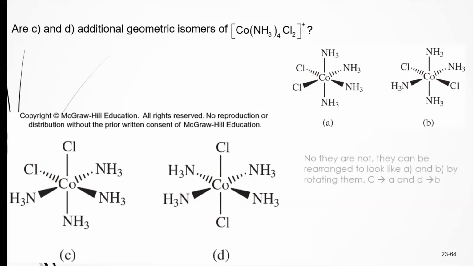So the short answer is no. They are not new geometric isomers. They're the same ones that we had before. We just get them by rotating C to A and D to B.